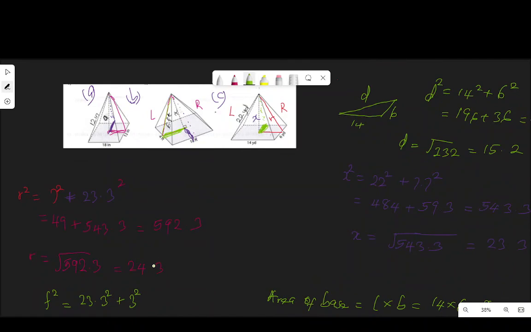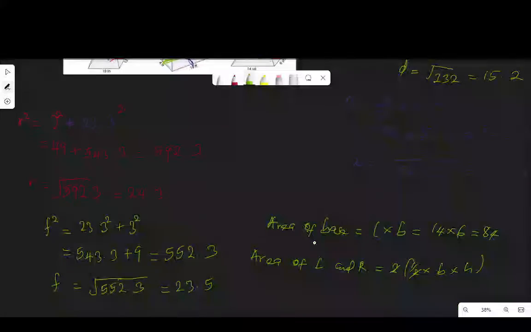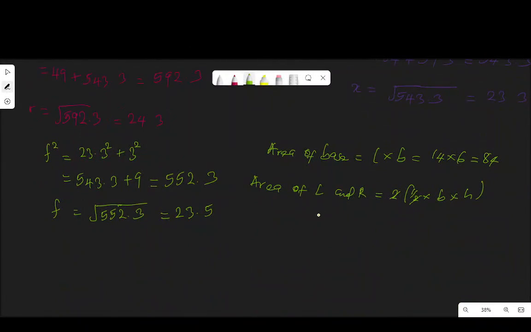And what was R? R is 24.3. So 6 times 24.3 is 145.8.